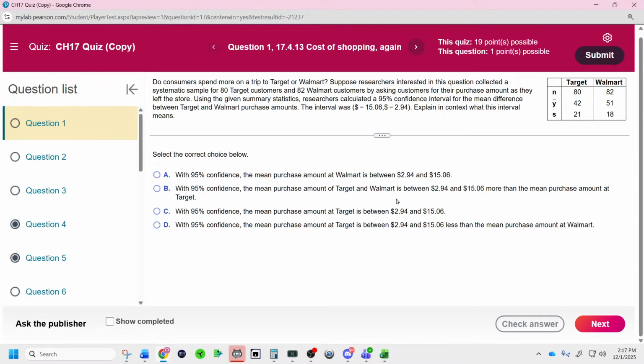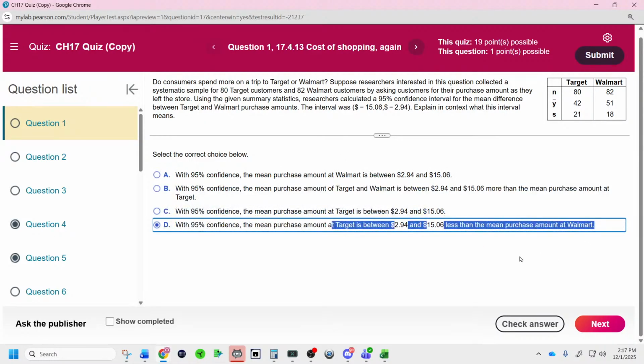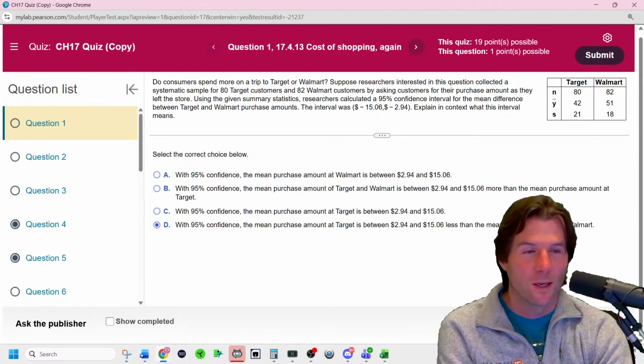With 95% confidence, the mean purchase amount of Target and Walmart is between this. Oh, it's Target is this much less. I wish they just said more than Walmart, because the interval is negative.